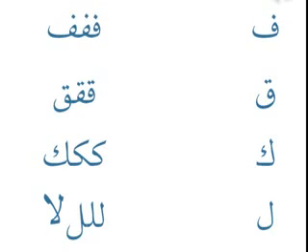Alphabets 20 to 23, so Fa, Qaf, Kaf and Lam. The Fa and the Qaf follow the same sort of patterns, you just look for the difference in the dot. The Fa has one dot and the Qaf has two dots. They can join to the next letter or the previous letter. The Kaf is one of the difficult ones to spot.